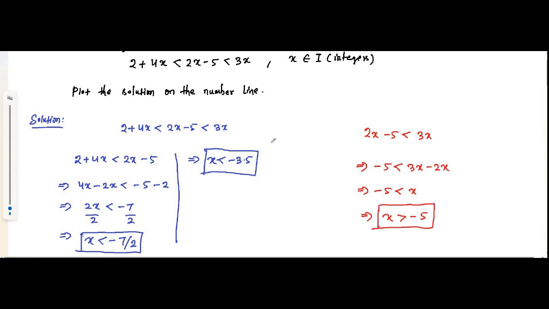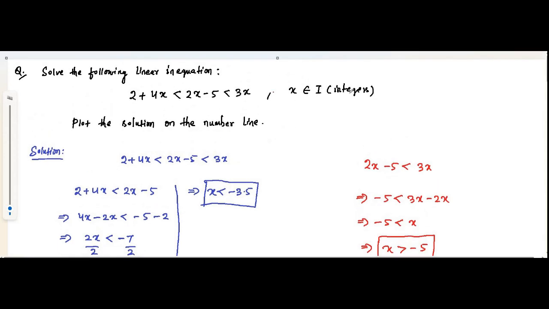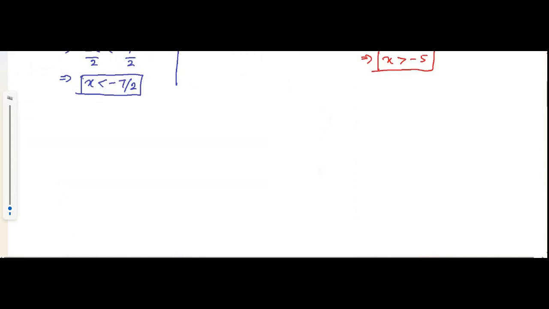So we have to figure out a solution which satisfies both of these criteria. It means x is lesser than minus 3.5 but greater than minus 5, and also belongs to the set of integers, which is the replacement set here. So let's draw the number line.